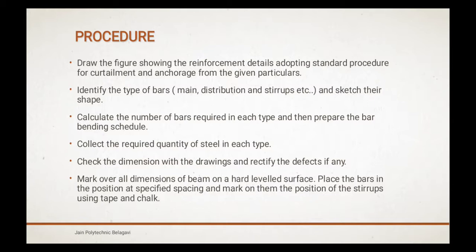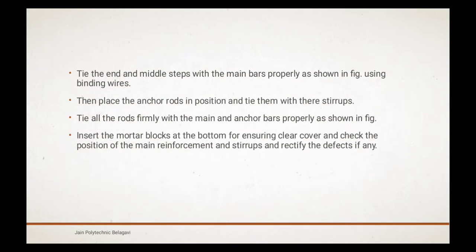Mark all overall dimensions of the beam on a hard leveled surface. Place the bars in position at the specified spacing and mark on them the position of the stirrups using tape and chalk. Tie the end and middle stirrups with the main bars properly as shown in the figure using binding wires.